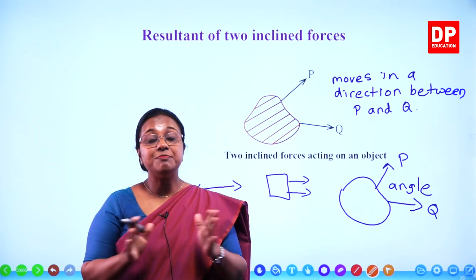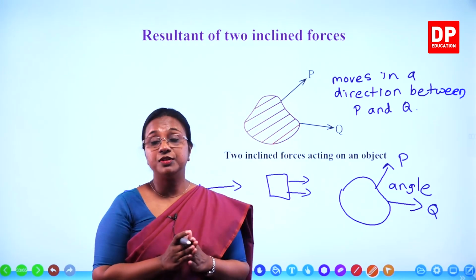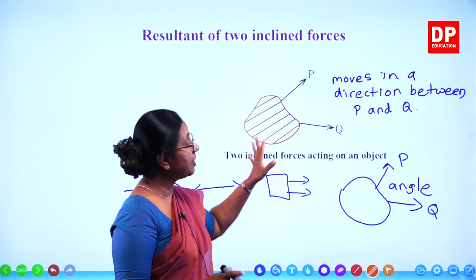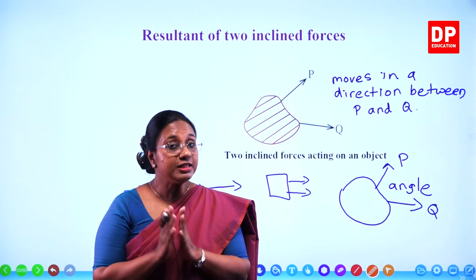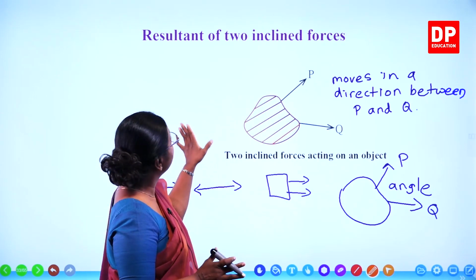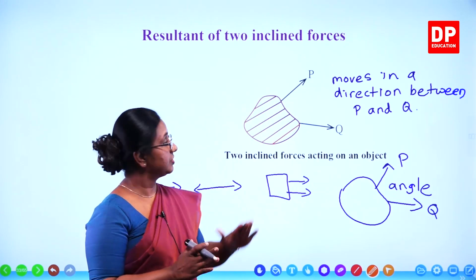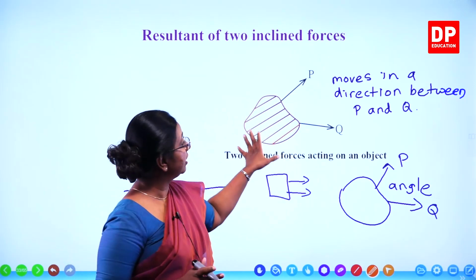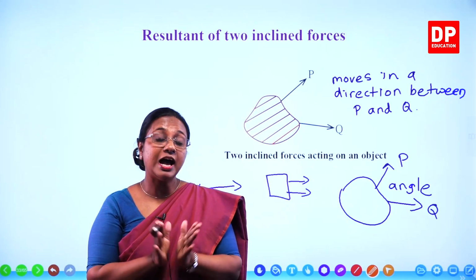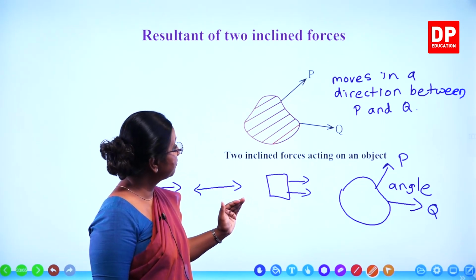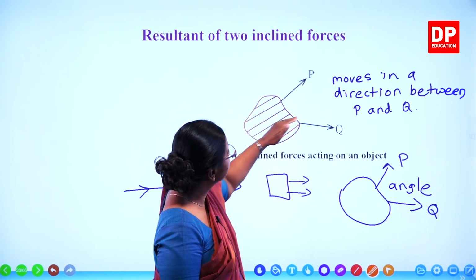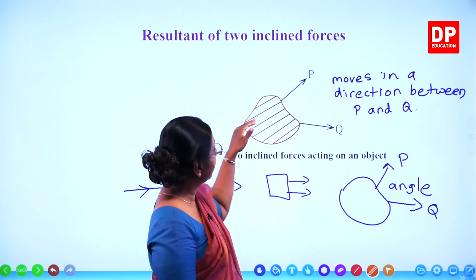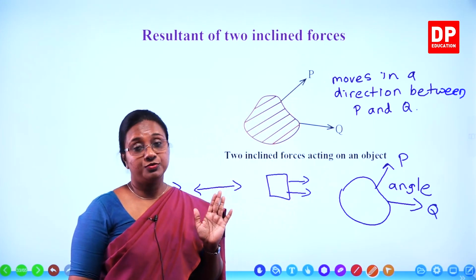That all depends on the magnitude of the two forces as well as the angle between the two and the shape of the object. The only thing you have to remember is that when there are two inclined forces, that means the forces are acting at an angle to the object, from the object they are at an angle. Because of that, the resultant will be somewhere between the two forces. That is how the object also moves.